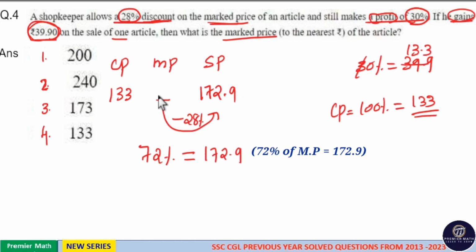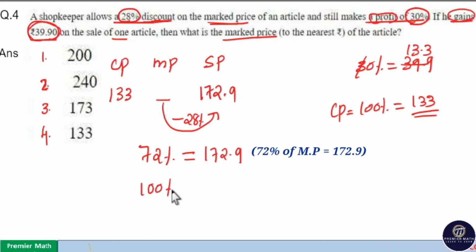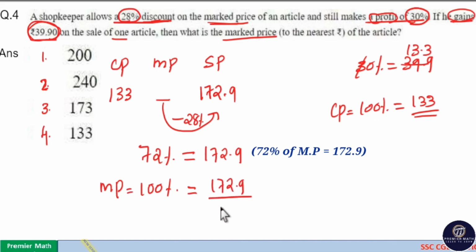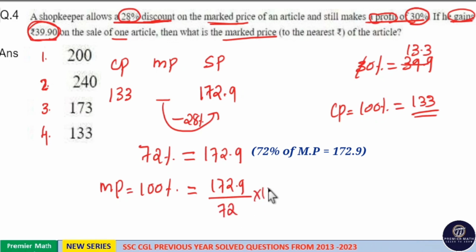Then we need to find what is 100%. 100% means mark price, because this discount is made from this mark price. So 100% is mark price, which is equal to 172.9 divided by 72 into 100.